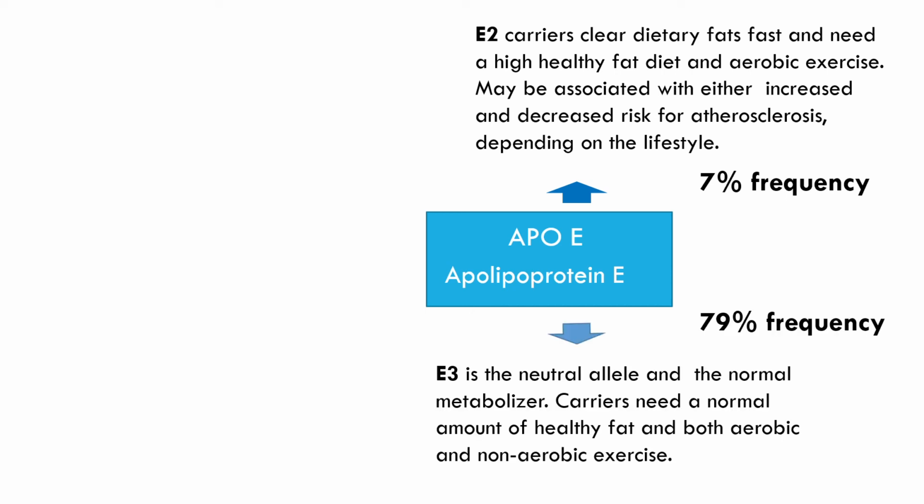E3 is the neutral. That's what most of us have, 70–80% of us. You're a normal metabolizer. You're not a fast, you're not a slow fat metabolizer, right? Carriers need a normal amount of healthy fat, normal amount of the good fat, obviously not the trans fat or the ultra saturated fat, and then we need to keep active, right?